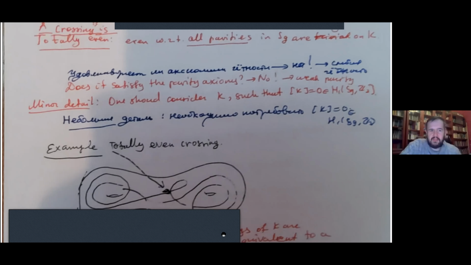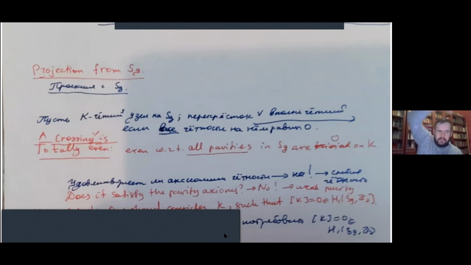So this means I have a loop which has a disk inside. Так что есть перекрестки, которые, так сказать, тривиальны с гомотопической точки зрения, и тогда, в общем-то, они четные. Well, this is not the only example, but actually, this is the main example.